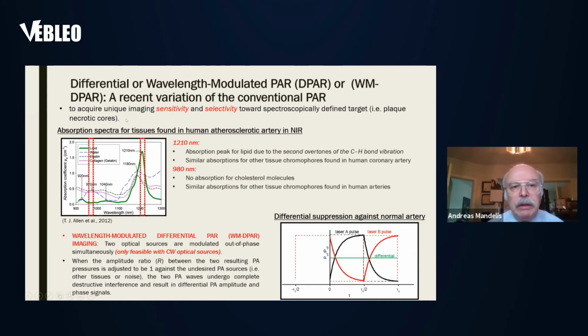That's why this differential or wavelength modulated photoacoustic radar was introduced. And what you really see here is how it operates. That is, we have two lasers, and one laser is on while the other one is off. So when laser A, which is monitoring the absorption of the lipid, is on, then laser B is off. So here's the acoustic signal from laser A going up. Here's the acoustic signal from laser B going down.